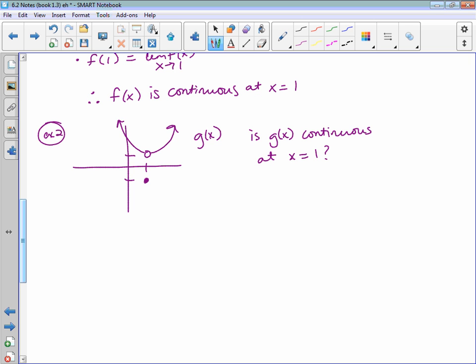Just looking at the graph, what do you think? Is that a continuous function? No. Okay, so the answer is going to be no, but now you have to show it with the continuity test. So let's go through our bullet points here.